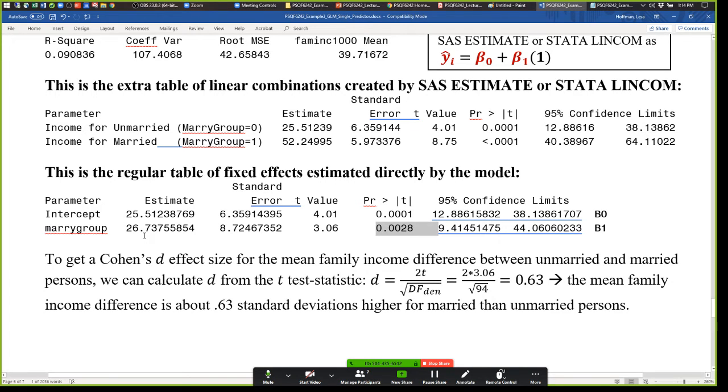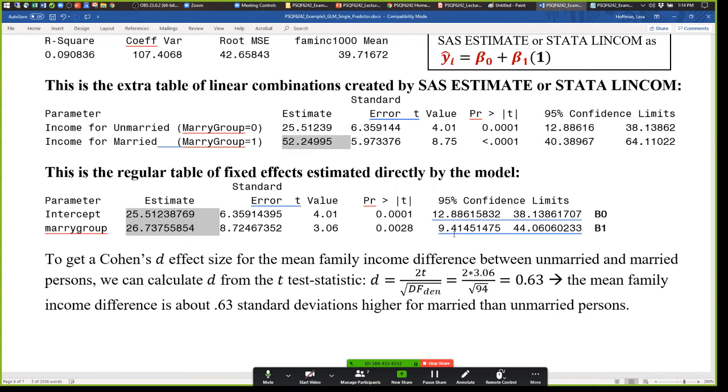And if I want to know what the 1 group makes, I have to say 25 and some change plus 26 and some change. And that's the thing we just learned how to ask for via estimate or lincom, which shows up in this additional table right here. What the model says the predicted outcome should be for somebody who is married. 25 and some change plus 26 and some change gives us the 52.